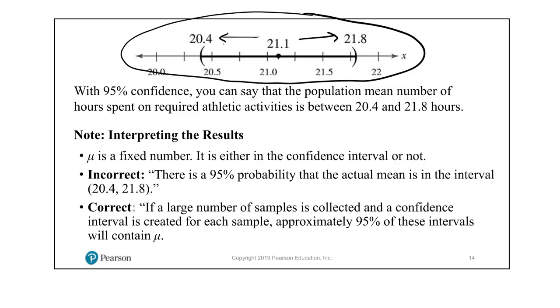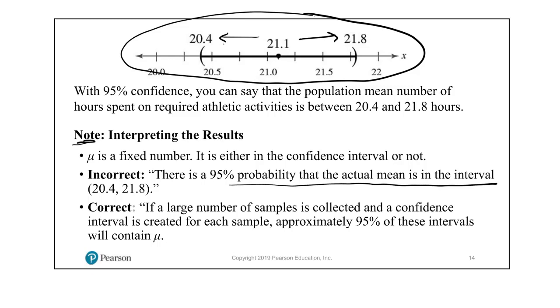Now remember, note that mu is a fixed number. It is either in the confidence interval or not. Mu is not moving around. It's fixed somewhere, and we're trying to get an interval that contains it. So it's not that there is a 95% probability that the actual mean is in the interval.